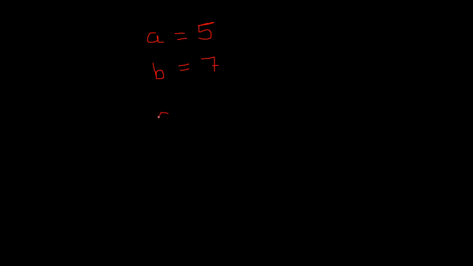If I write A plus B, in this case, as it is an expression, A and B are termed as operands, okay. We call A and B in this expression operands.